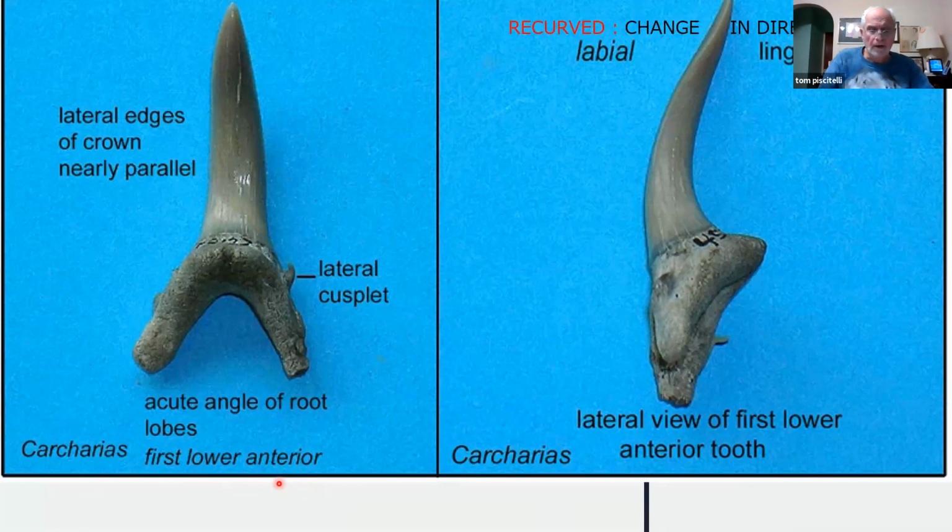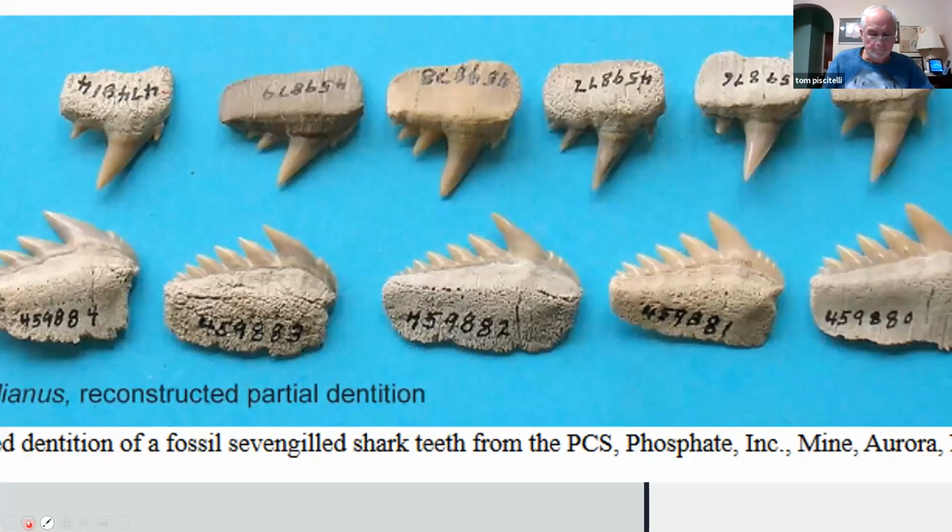Anterior teeth are usually the largest teeth in a shark's jaw. Unfortunately, these pictures did not list tooth size, and I really can't tell you what the size of this tooth is. It's just probably magnified to some extent. It's probably about an inch, maybe a little over an inch long, I think. Next picture, please.